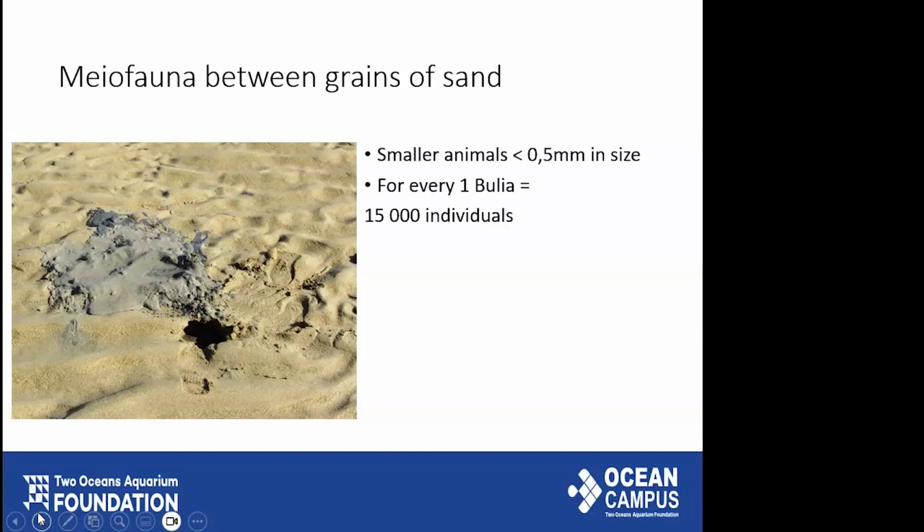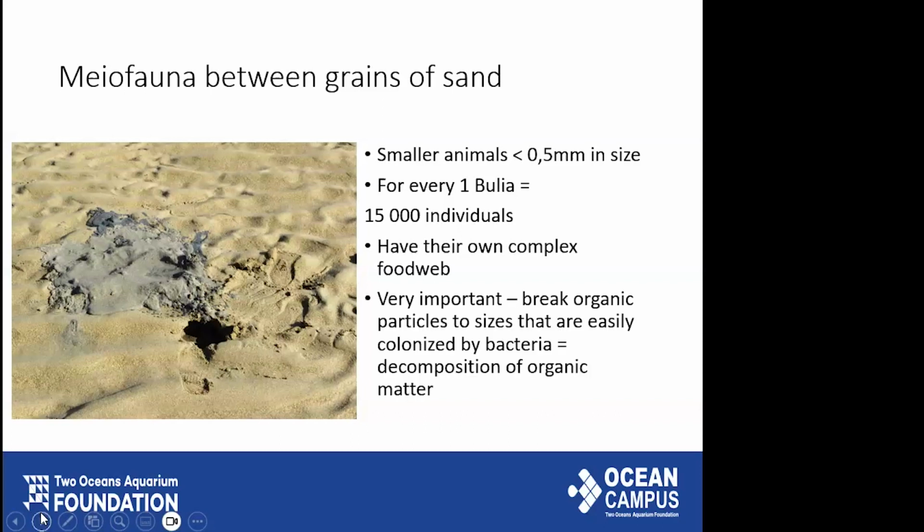And as I said, for every one bullia, the plow snails, there could be up to 15,000 individuals in that particular area. And in and of itself, they have their own complex food web. But very, very important, they help break down those organic particles even further so that they are easily colonized by bacteria, and that helps to speed up the decomposition of that organic matter.